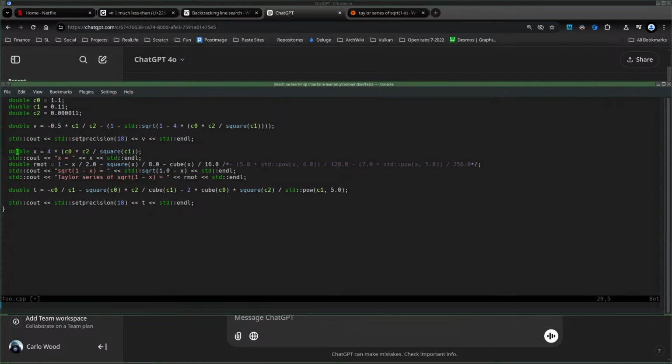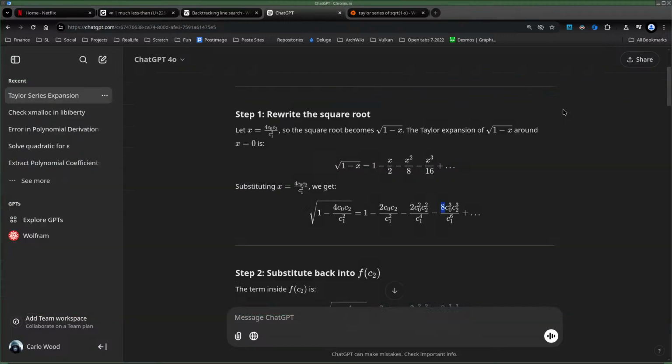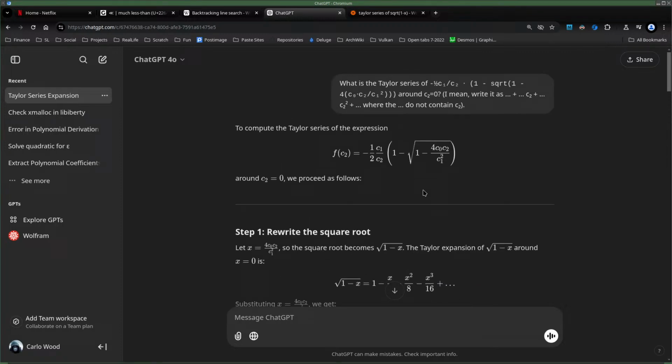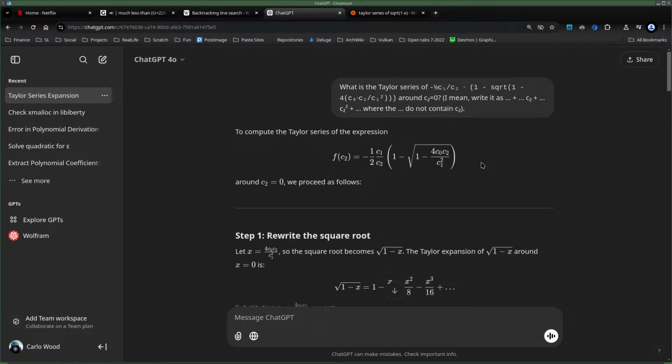And then we fill this in. Then the result is my approximated square root of 1 minus x. What I really want is 1 minus the square root.